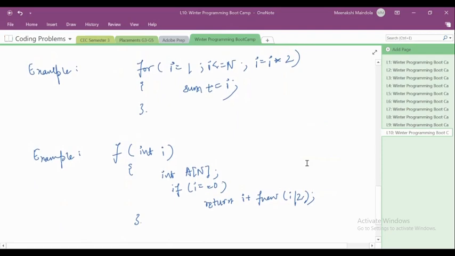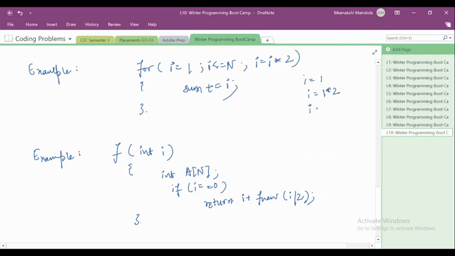Let us suppose I am calling this. This is a loop starting from I equal to 1 going on up till I is less than or equal to n, and every time it is multiplying the value of I by 2. So it is going to first run for I equal to 1. The next time it is going to run for I equal to 1 into 2.